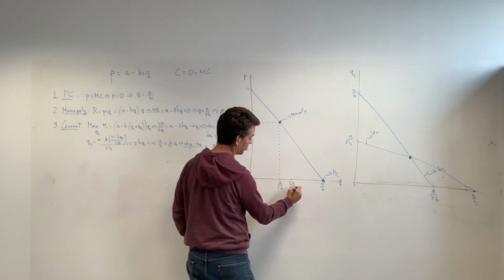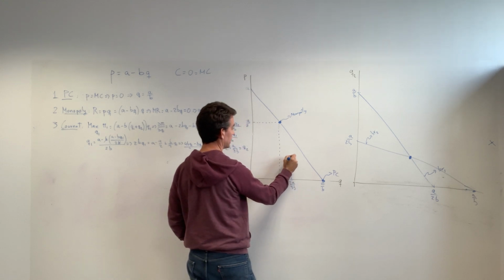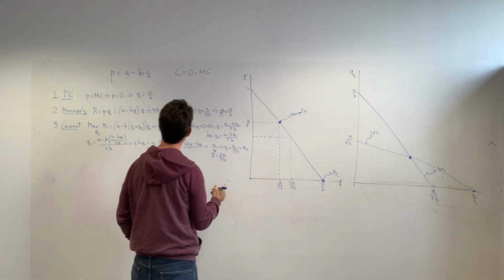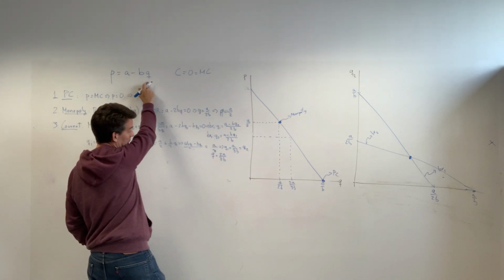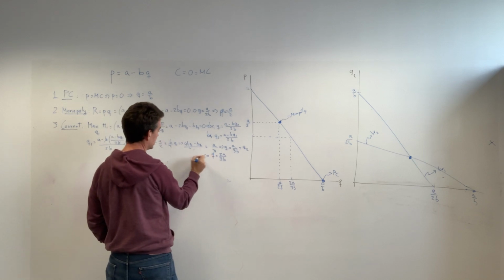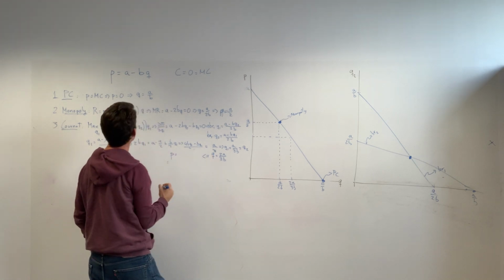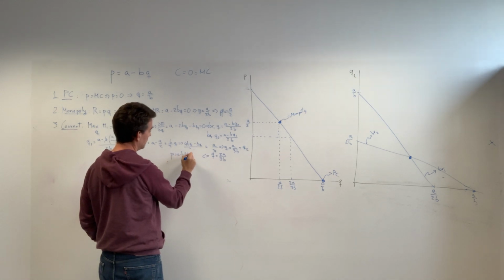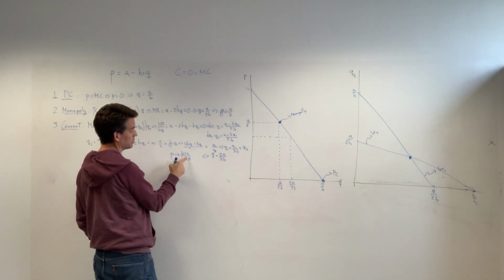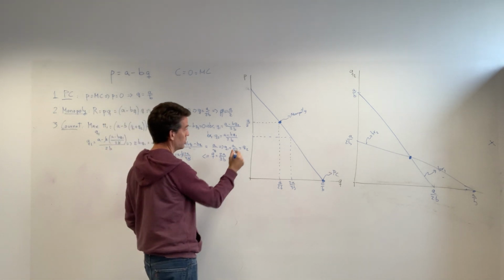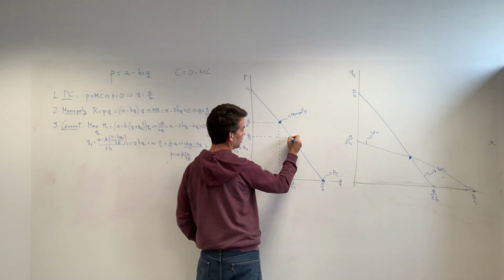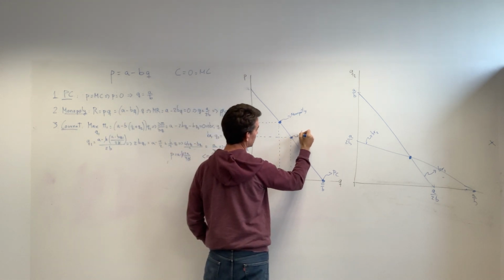And we take that quantity all the way here, and we find that if Q equals 2A divided by 3B, the price equals A minus B multiplied by 2A divided by 3B. The B's cancel out, and we have A minus 2/3 of A. So that's 1/3 of A, or the same as A divided by 3. So this is what happens under Cournot.